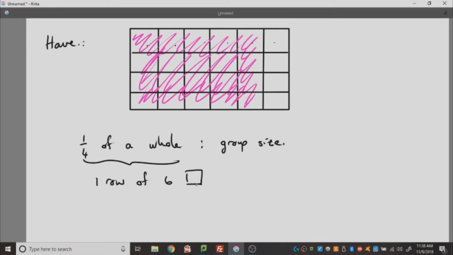I'm just trying to make sense of how big is 1/4 of this whole loaf of bread in general. It consists of 6 little rectangles. So I'm making groups of 6 from what I have. So from the pink, I'm making groups of 6.